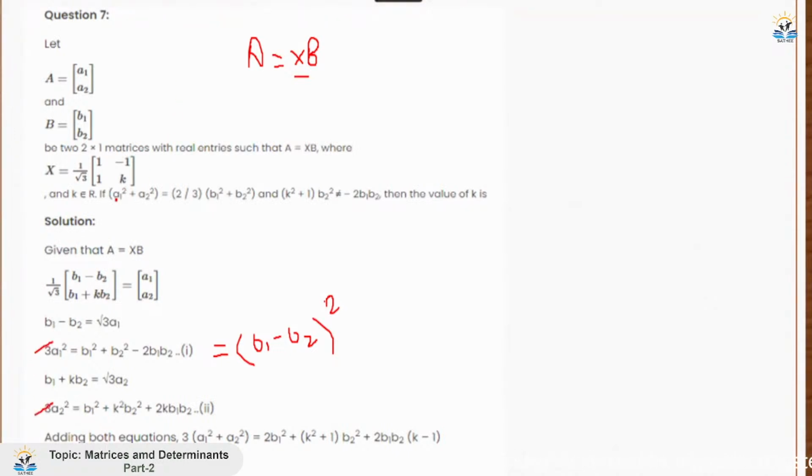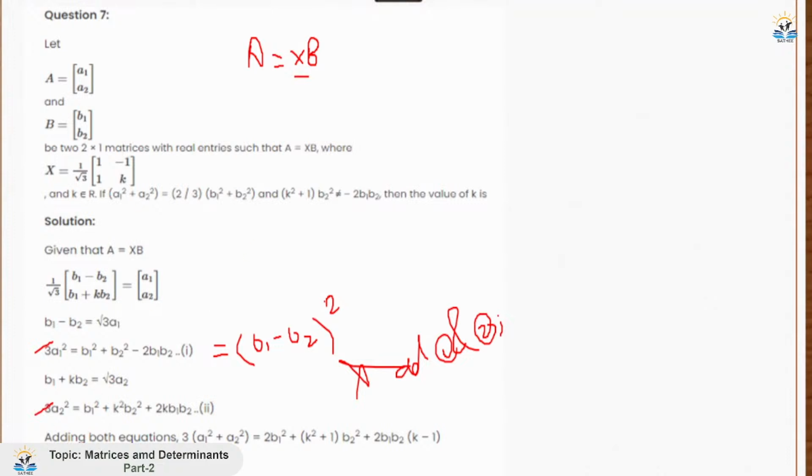Now in the question it is given to you that a1 square plus a2 square. Since they are saying a1 square plus a2 square, you can add both these two equations. 3 will become common and you will get a1 square plus a2 square. So adding first and second, you will get 3 times this, 3 and this 3 will cancel.